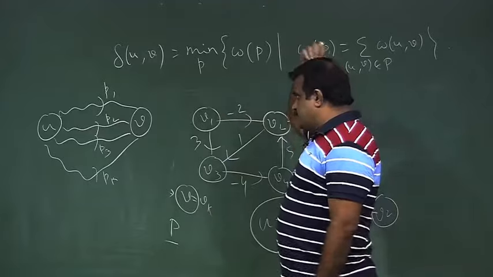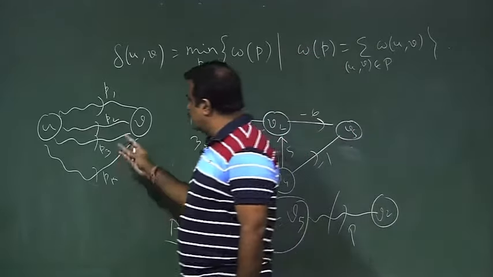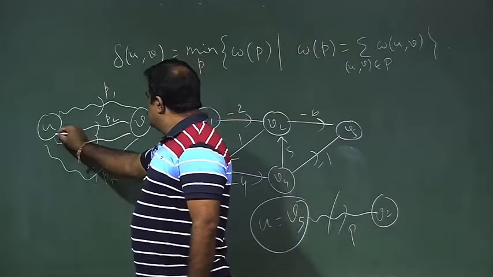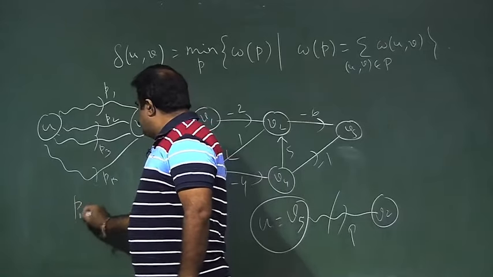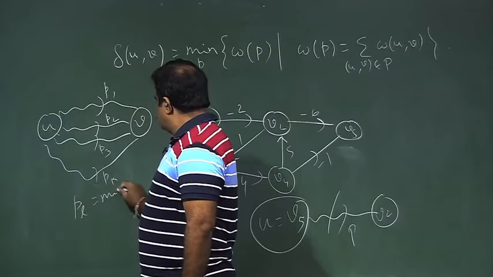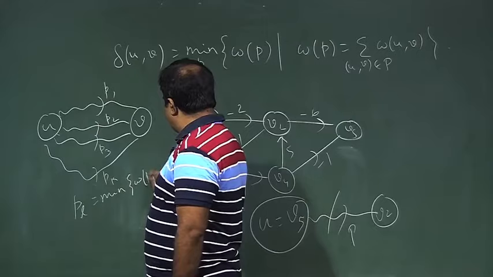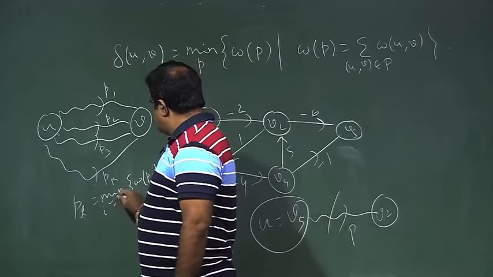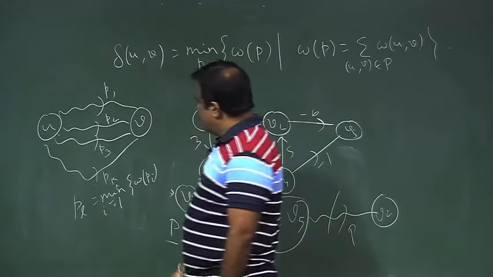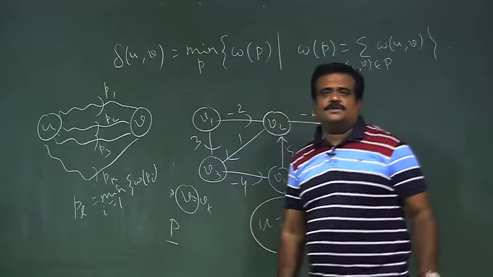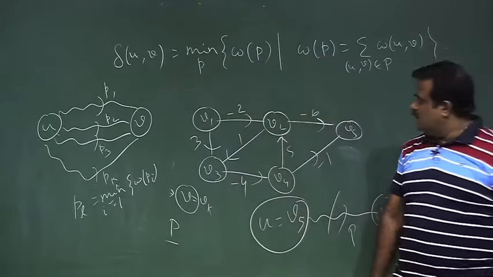If the minimum exists, this is not an infimum, this is a minimum, then we take that minimum. Suppose PL has the minimum weight among all WPi, i from 1 to k. Then PL is our shortest path from u to v.